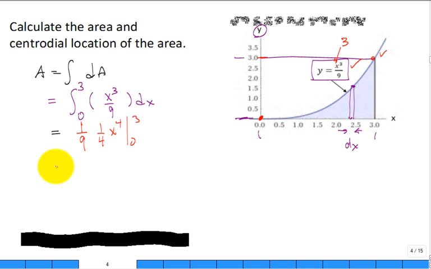And so now I have 1/9 times 1/4, and when I put in 3 to the 4th minus 0 to the 4th, I pick up 9/4, which when you make the computation, what does that come in at? 2.25? Thumbs up if you agree.